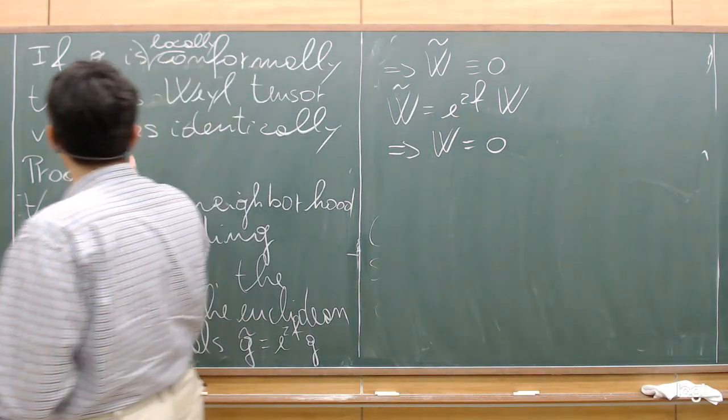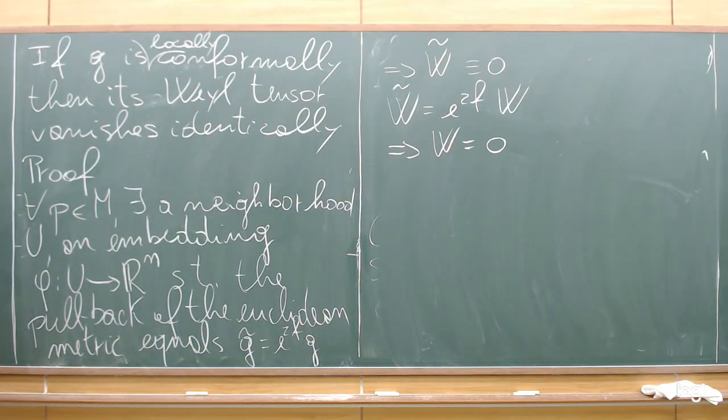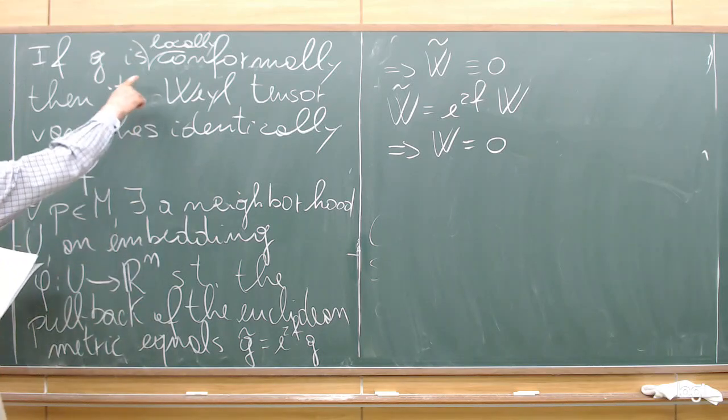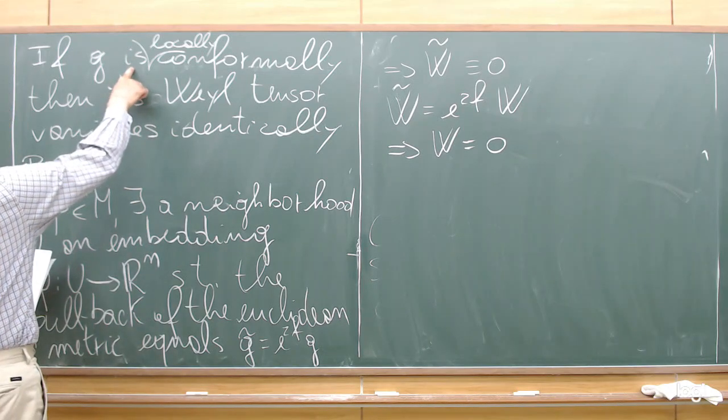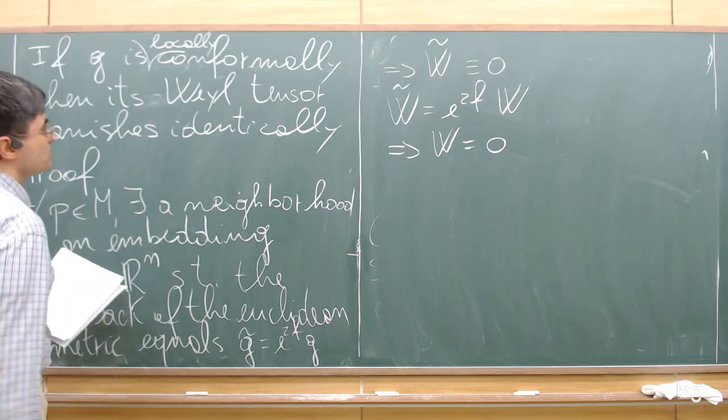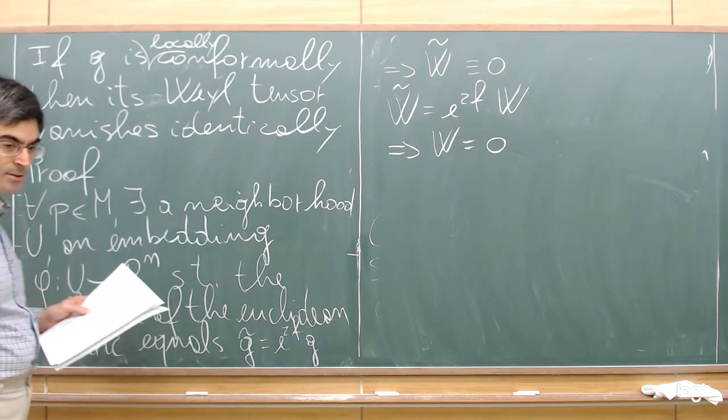So this corollary says that if the manifold is locally conformally flat, then the Weil tensor is zero.